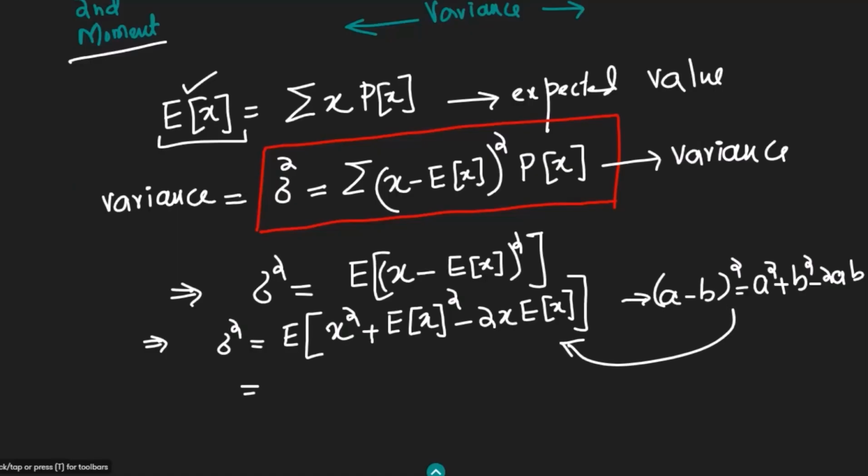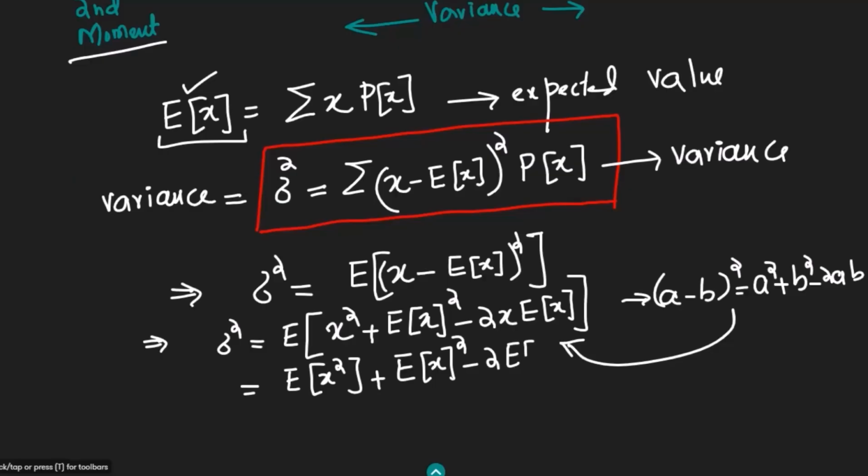Now in order to find out the expected value of it and separating them out, I will apply the expected value separately, because this is a linear property. We will get E x square plus the expected value of the expected value, which is again the expected value. So here we will get E x square again, and this expected value will remain the same, while this x will give me the expected value.